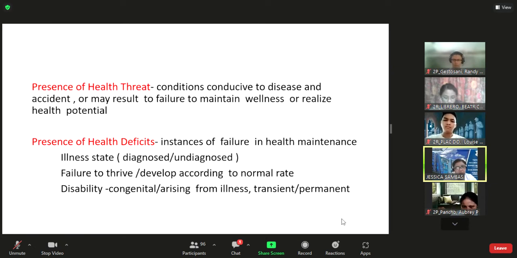Now, kung meron din namang family member which has a disability, pwede po ang cause nito, it could be congenital in nature or it could be as a complication of illness. Whether that disability is transient or permanent, still we consider it as health deficit. Nakuha po ba?